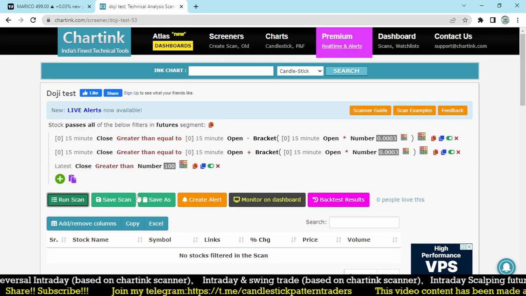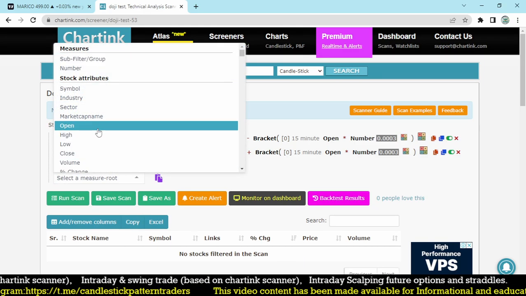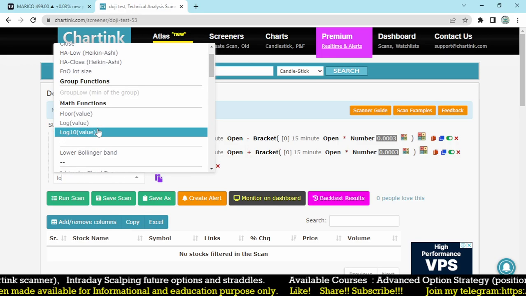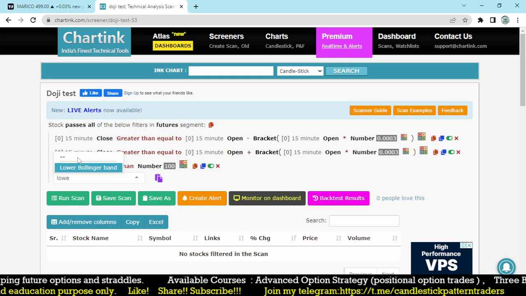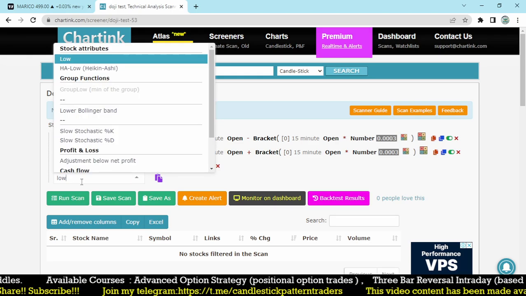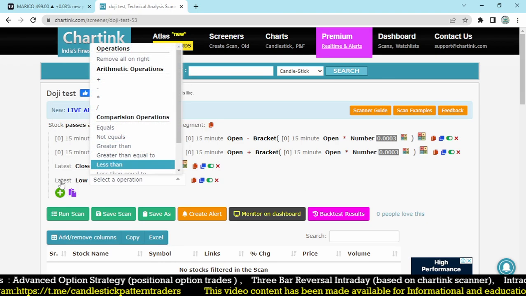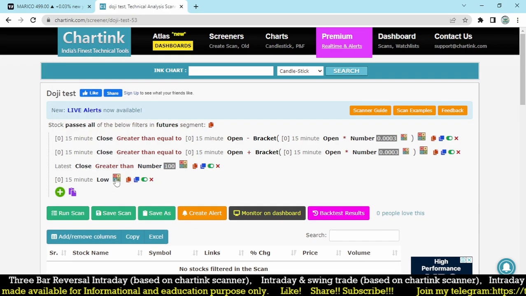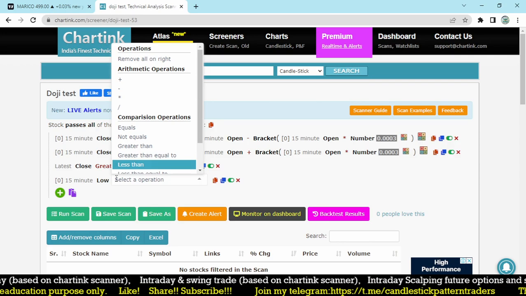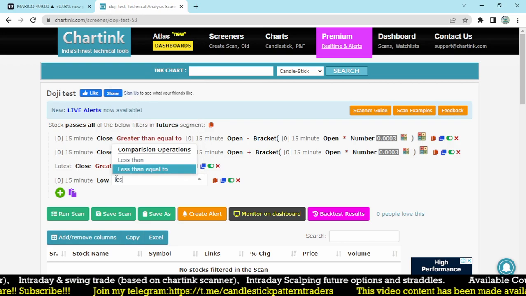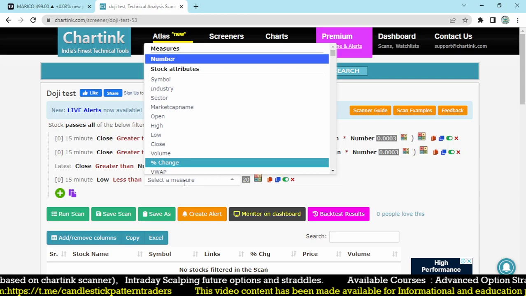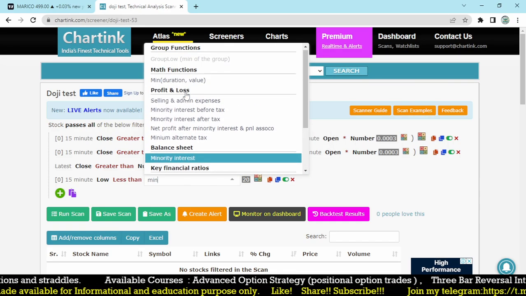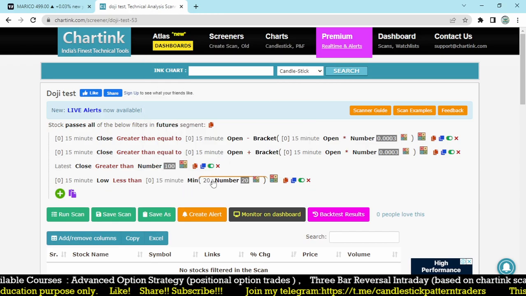So these are the scanners which we created yesterday, and we used the low of the latest 15 minutes candle. This must be less than, since I'm focusing on a buying opportunity, the minimum duration value.